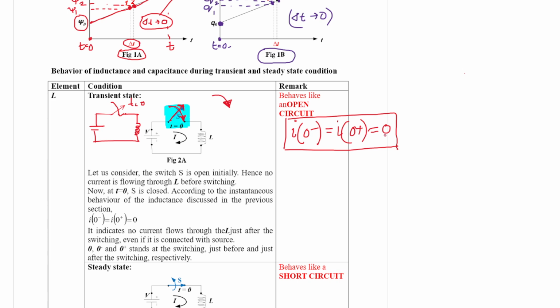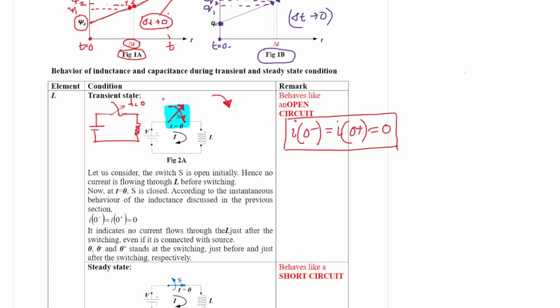So I(0-), the current just before switching, is 0. Why? Because prior to the switching, the inductor is isolated from the energy source, so the current flowing through the inductor should be 0, because the switch is open and no current can flow.